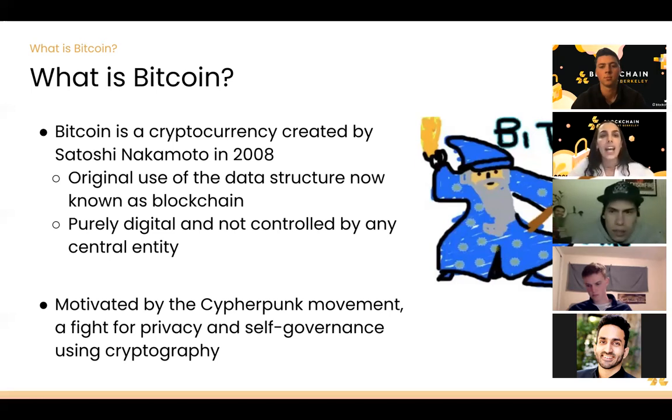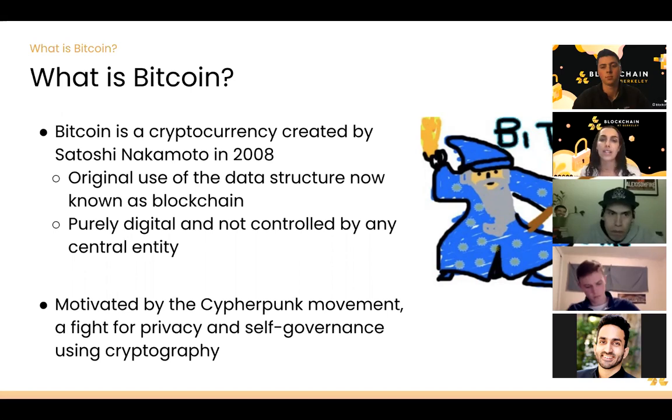But as I've been talking, you probably picked up on some undertones of humanitarianism or democracy or this striving for increased rights, right? And if you picked up on that, you're 100% right. This has been motivated by the cypherpunk movement, which was fighting for more data privacy in an increasingly digital world. They realized that our data was going to be used against us if we didn't actively fight for it.